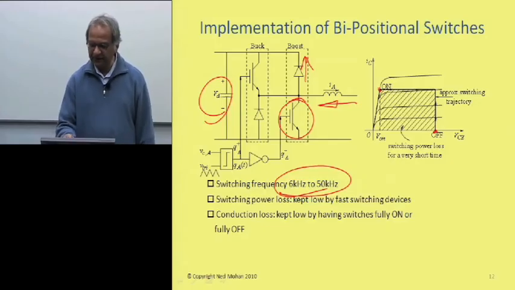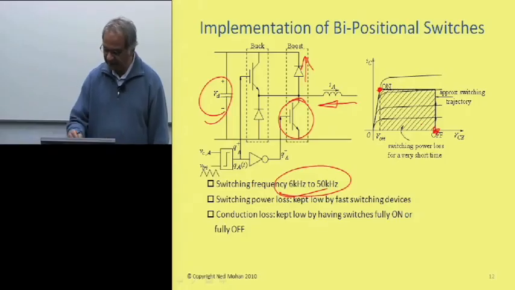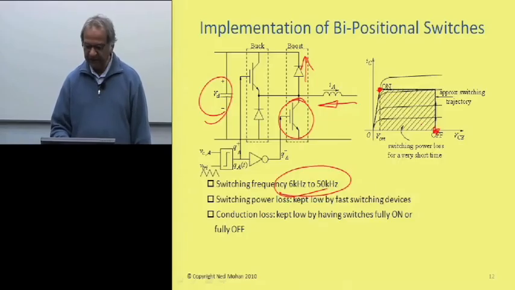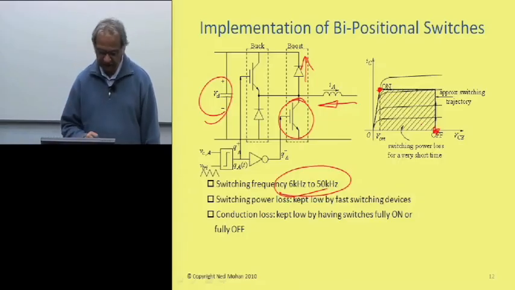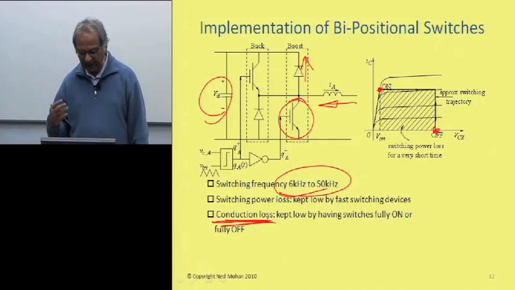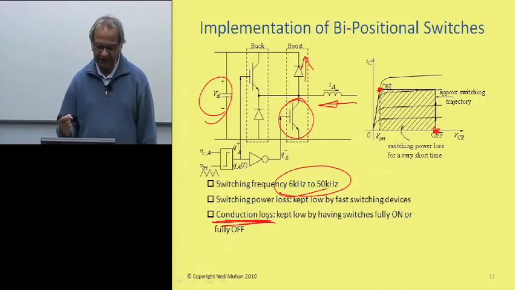And similarly, when it goes from on state to off state, there will be some switching loss, and the trajectory is shown once again. So we want to keep that switching loss on average very small. And also we want to keep the conduction loss in these devices small. That means in their on state, they should have very low voltage drop across them.